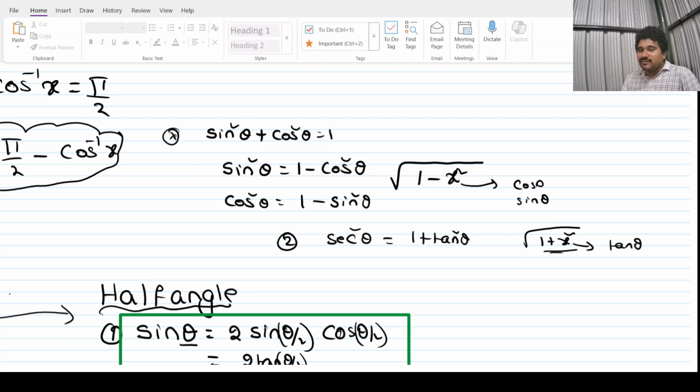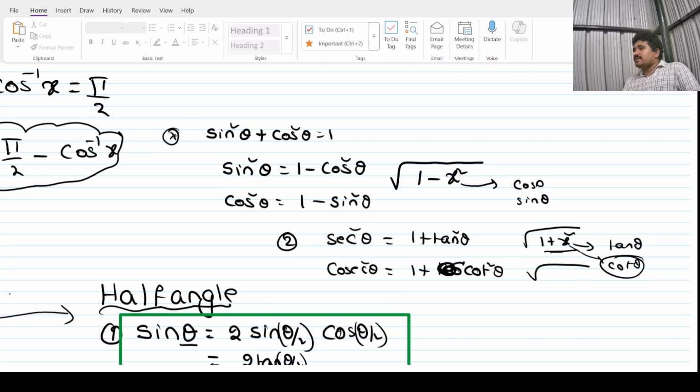Is that clear? 1 plus tan square will become secant square, so in that way it is useful. And another: cosecant square theta is equal to 1 plus cot square theta. There, x can be either tan or cot. Is that clear for everybody? You have to check like that.